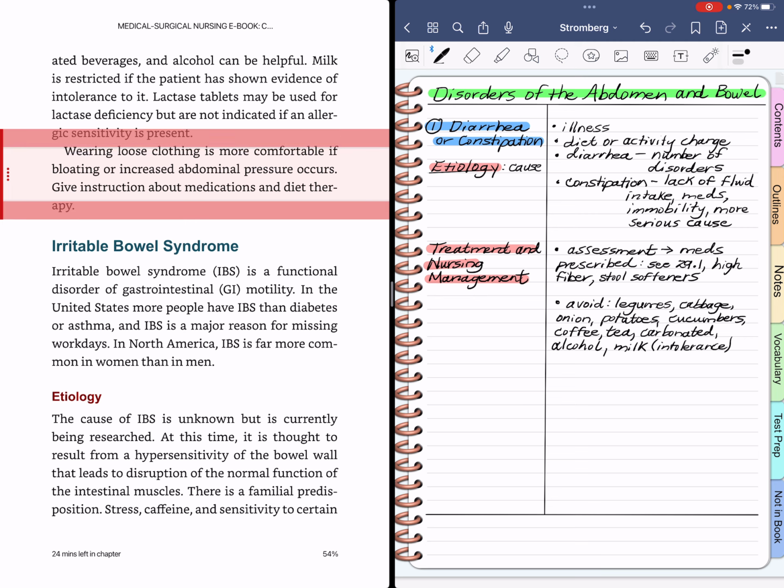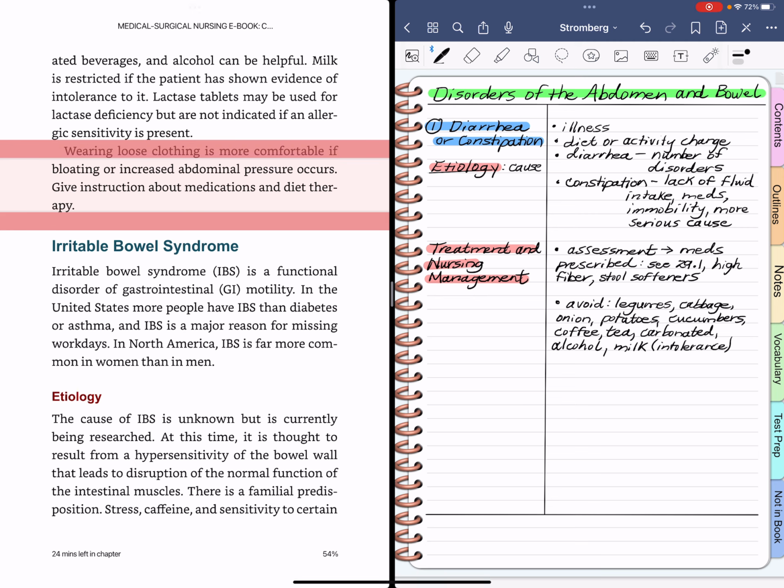Last paragraph here. Wearing loose clothing is more comfortable if bloating or increased abdominal pressure occurs. So here's some advice. Advise loose clothing. Instruct about medications and diet.